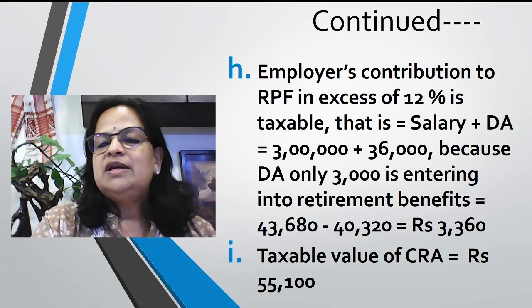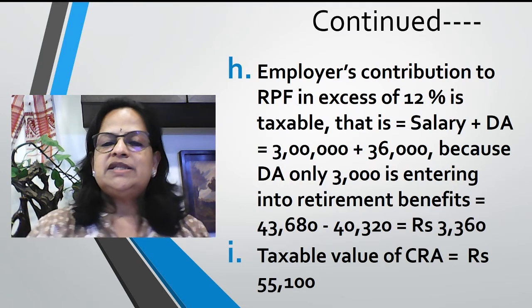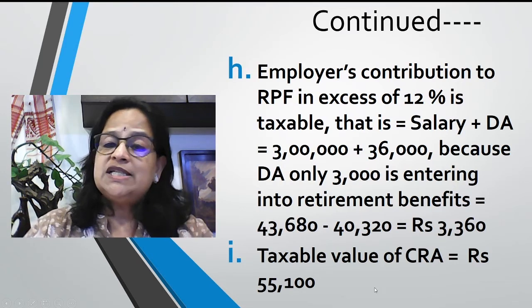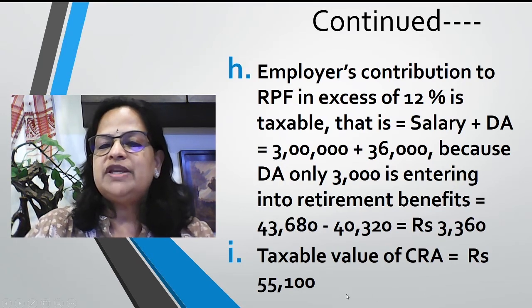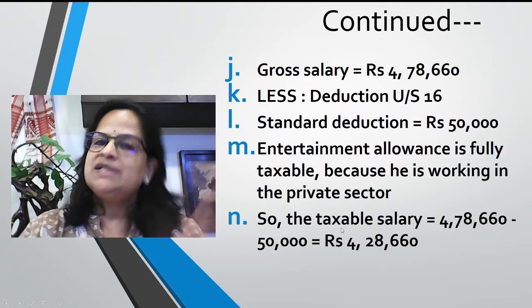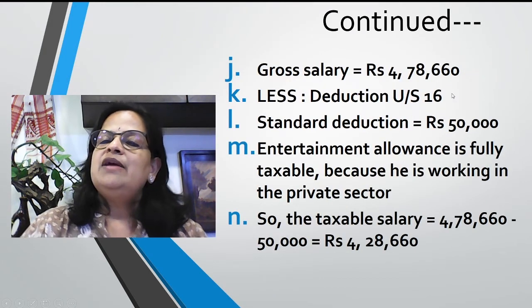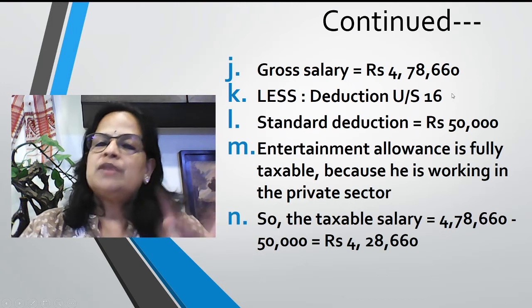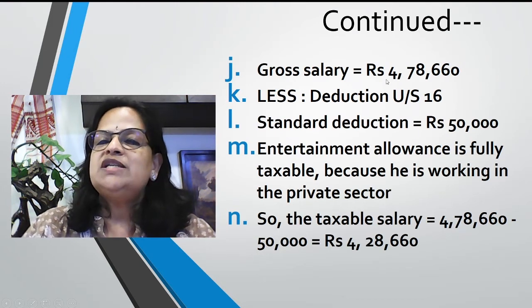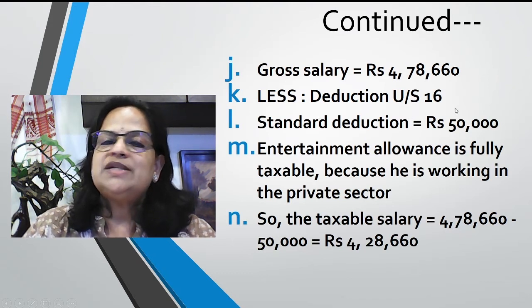Excess is taxable. That is 3,360 is taxable. Taxable value of concessional rental accommodation is 55,100. I have explained it in a separate slide. So for gross salary we are taking all the values which are taxable, and we are getting 4,78,660.